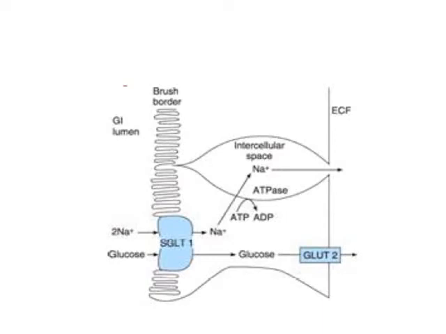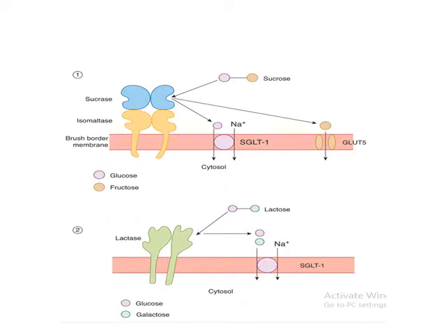The end products of digestion of sucrose are glucose and fructose. The end products of digestion of lactose are glucose and galactose. Both glucose and galactose utilize the same co-transporter, sodium-dependent glucose transporter, for their transport into the enterocytes. Fructose is transported by a different mechanism, independent of sodium.